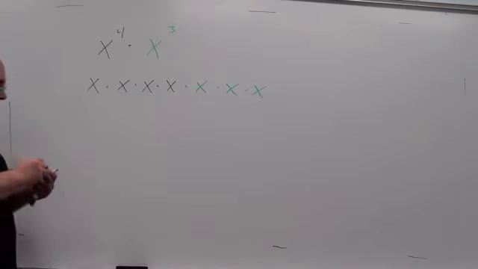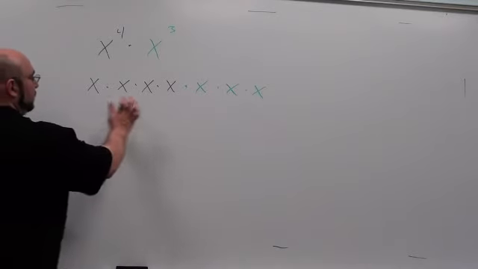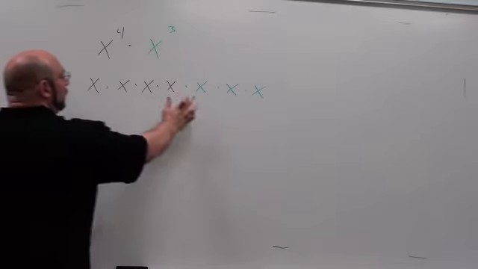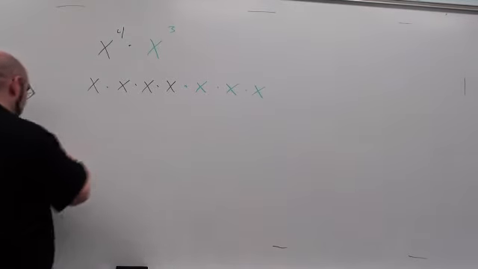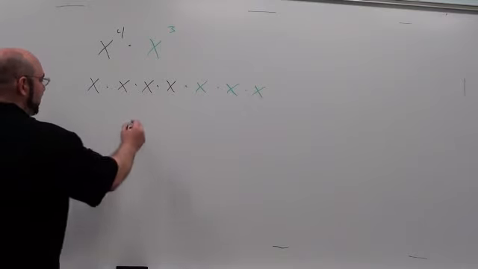When we look at this, we ask, how many x's do I have? 1, 2, 3, 4 from this, 1, 2, 3 from that. So altogether we have x to the 7th.